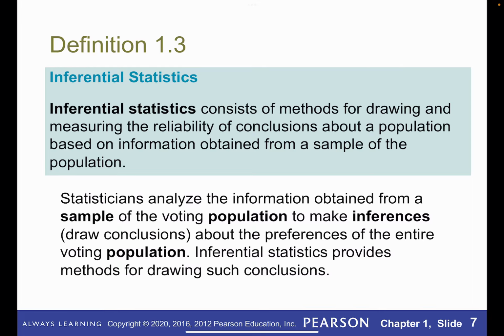And again, inferential statistics is where we're drawing conclusions. Not only drawing conclusions, but also measuring the reliability of those conclusions: once we draw a conclusion or make a decision, how comfortable can we be with that decision? That is something we will do more of later on, towards the end of the course.